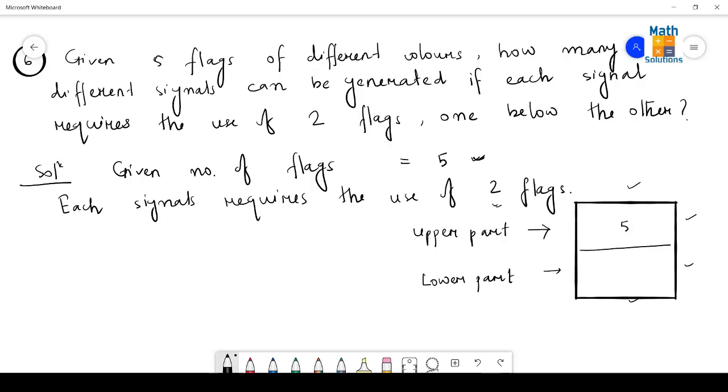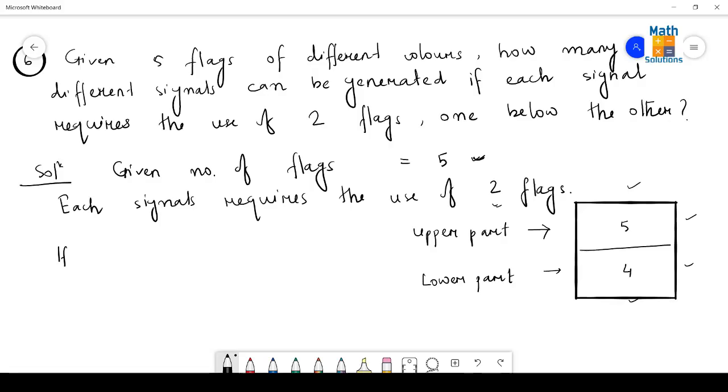Since repetition is not allowed, the lower part can be filled in 4 ways, because one option we had already used for the upper part. So keeping that aside, how many options are left? Of course 4 options are left here. So what reason should we give here?